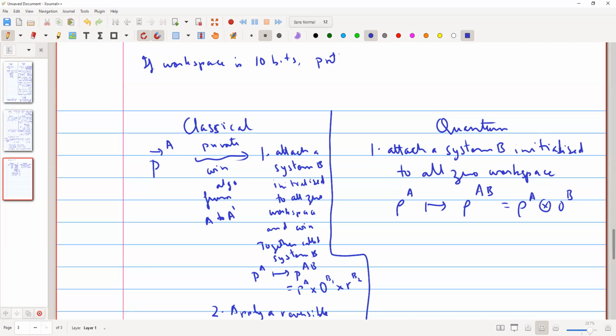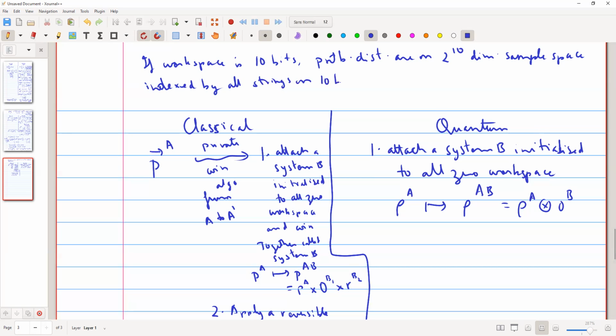Classically: probability distributions on the sample space of 10-bit strings. And in quantum it will be vectors in the 2 to the 10 dimensional complex space.